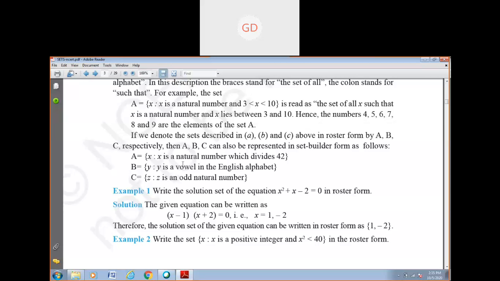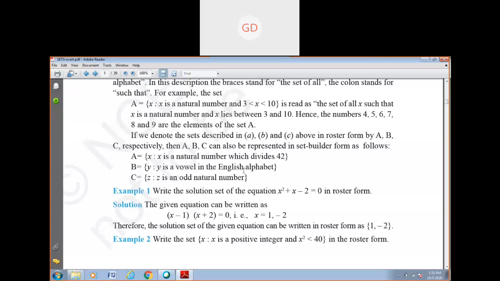Here in the first one, A, x is a natural number which divides 42. That is all the factors of 42, as we got a few minutes back in the same example. So exactly those numbers are given by this set. Second one, y is a vowel in the English alphabet.